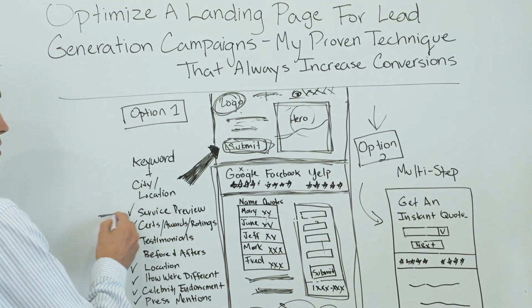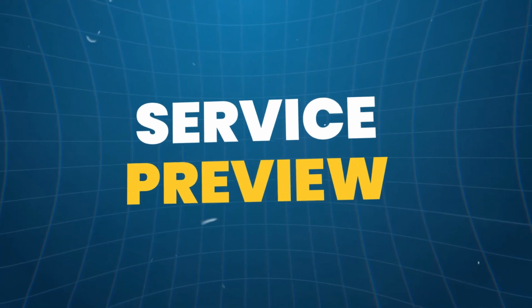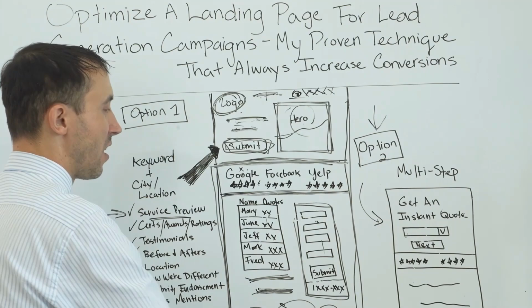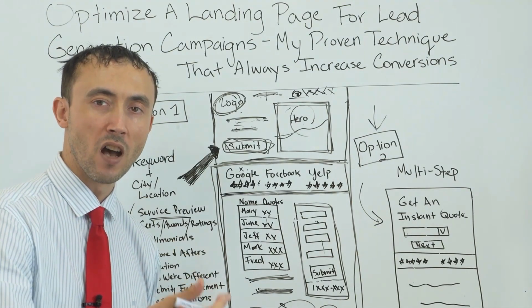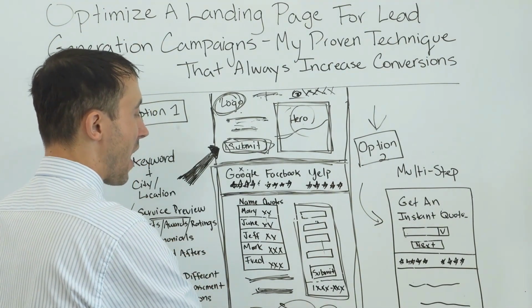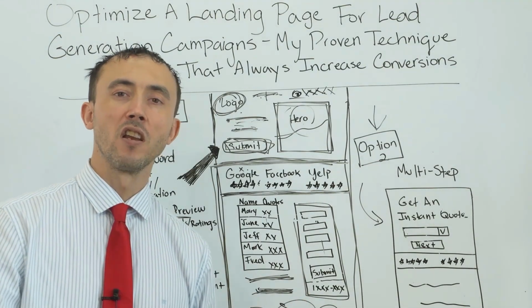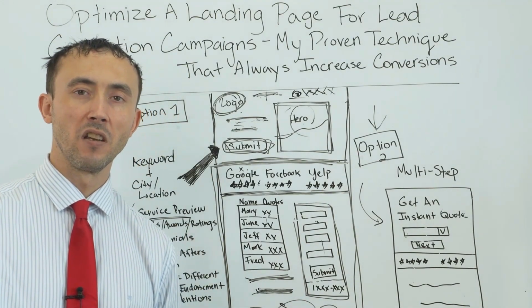The first thing on this list to mention is the service preview. If what you have is even slightly complicated to explain, and it's a new concept, or both, I would have below this section a video that explains specifically what you're going to get and how it's delivered. Okay?